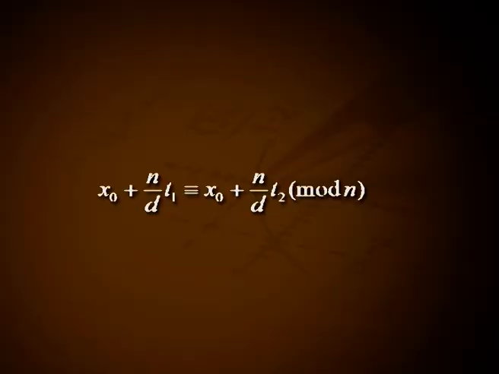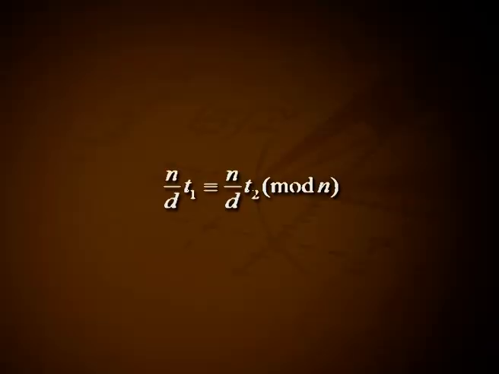We claim that these integers are incongruent modulo n and all other such integers x are congruent to some one of them. If it happens that x0 + (n/d)t1 ≡ x0 + (n/d)t2 (mod n), where 0 ≤ t1 < t2 ≤ d − 1, then we would have (n/d)t1 ≡ (n/d)t2 (mod n).